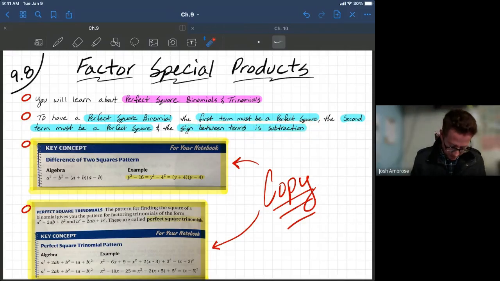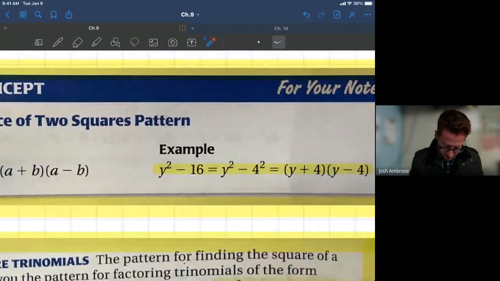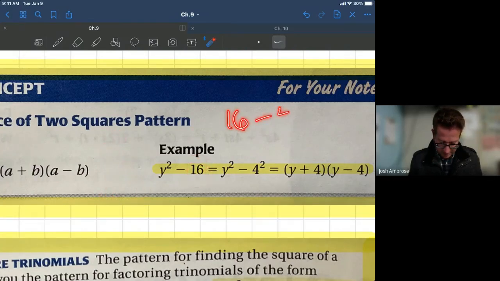All right, so let's zoom in right here. This is a perfect square. Y squared breaks down easily into y and y. 16 is a perfect square. That breaks down into 4 and 4, and it is subtraction.